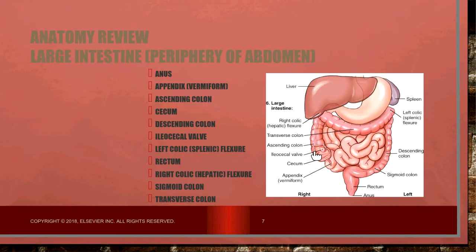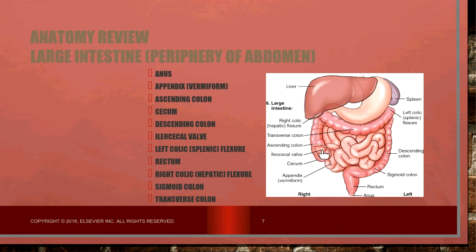Then we have the cecum, which is the blind portion of the large intestine. And off the cecum, if the patient still has it, is your vermiform appendix, vermiform referring to worm-like as far as its shape.